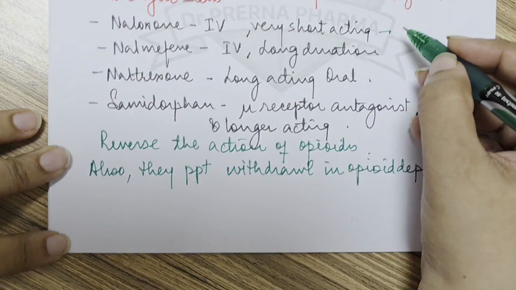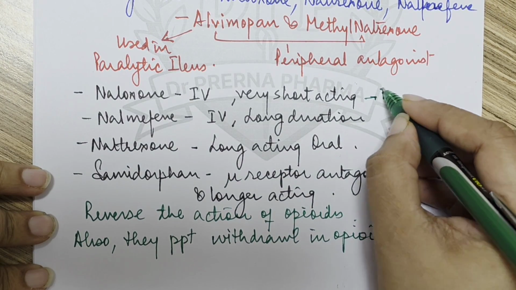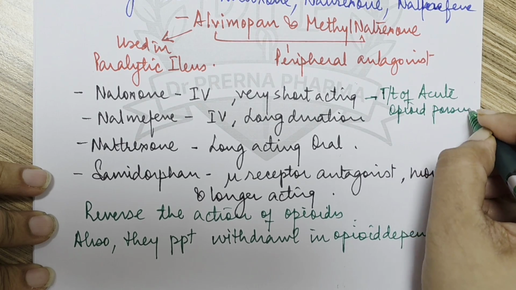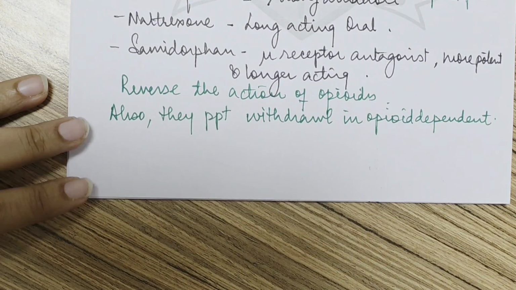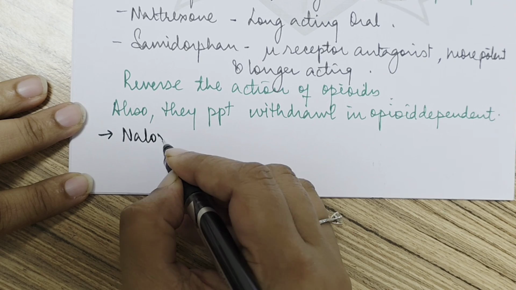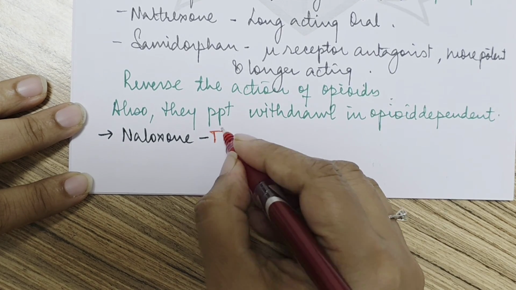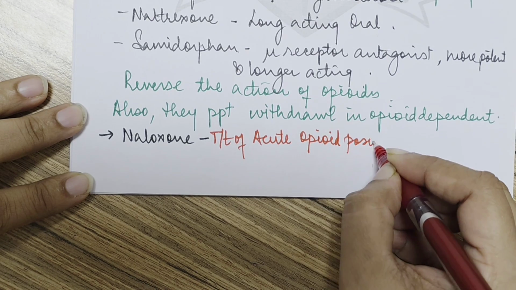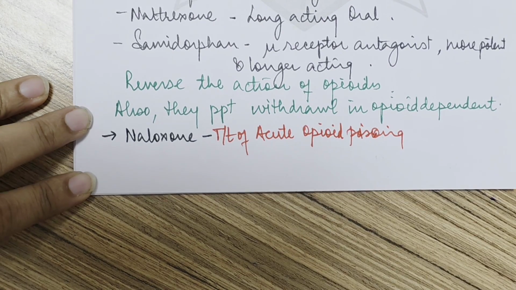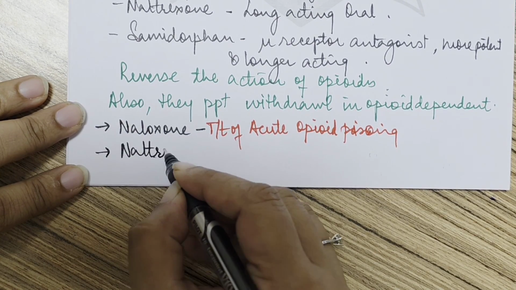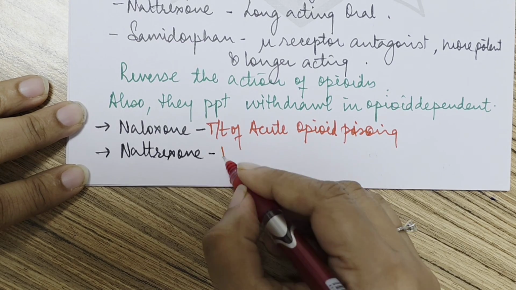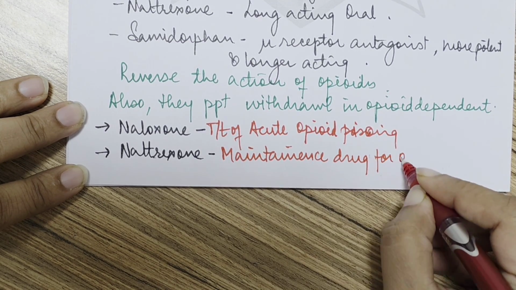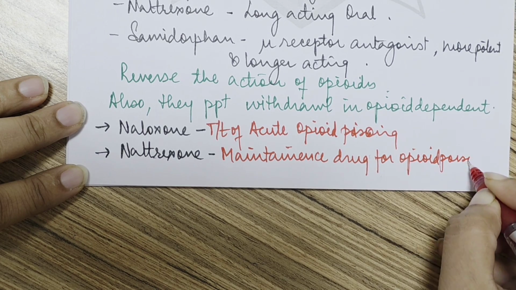So naloxone is used in the treatment of acute opioid poisoning, right? Let's see further. I'll write it here. Naloxone is used in treatment of acute opioid poisoning, right? Then drug naltrexone. This is used as a maintenance drug for opioid poisoning.